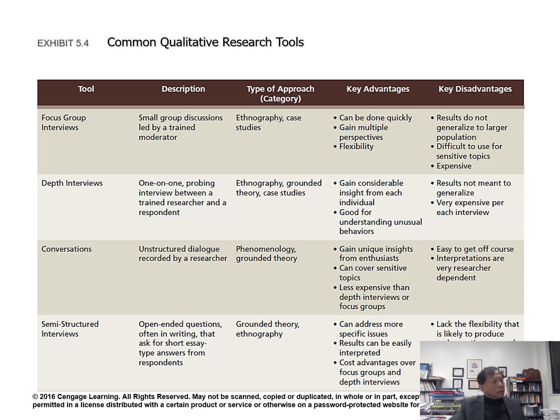You have tools such as focus group interviews, depth interviews, conversations, and semi-structured interviews, with descriptions, the type of approach they use, such as ethnography, case studies, or grounded theory, and the key advantages and key disadvantages. Make note of that and know the differences clearly, because this is going to appear in your next test.